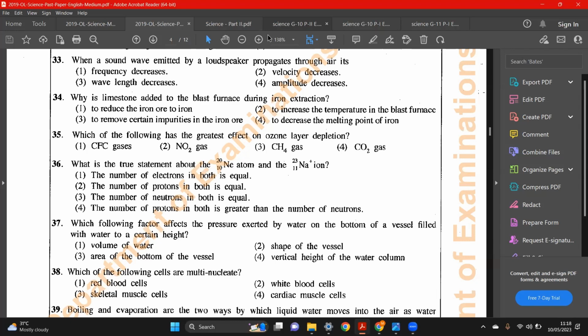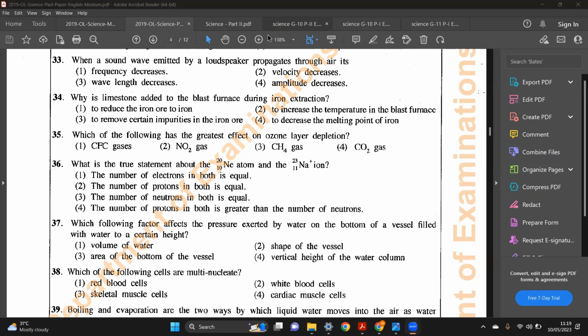So all of that CFC gas that gathered in the ozone layer is still there. And it's still continuing to destroy the ozone layer. So even if we don't use CFC gases nowadays, because of all that was used a long time ago, the ozone layer is still getting destroyed. Okay, so therefore, greatest effect is your CFC gases.